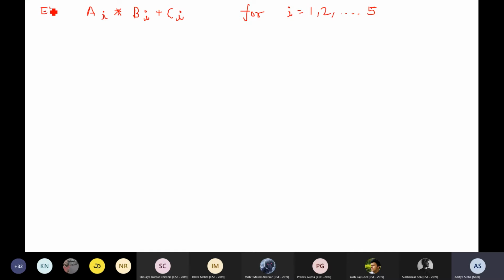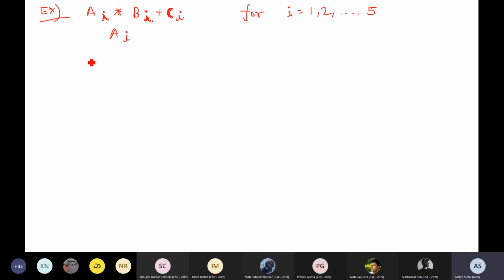This is our example. यहाँ क्या हो रहा है, कोई बता सकता है? Ai into Bi plus Ci, and i is varying from 1 to 5. We have to perform this instruction, we have to complete this instruction. Let's see how we can represent it.